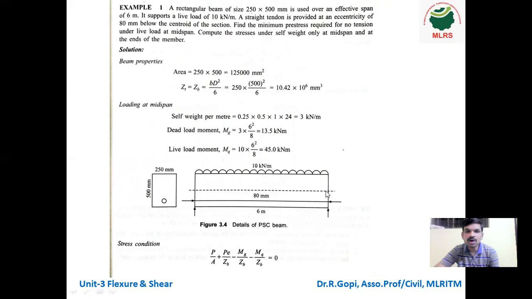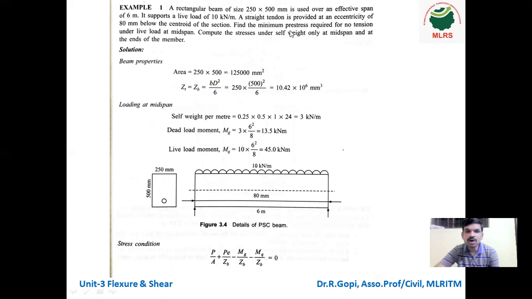First, to understand the question, what are the things given? They gave the member size and effective span. Span is given as 6 meter and live load is also given. A prestressing force is applied at an eccentricity of 80 mm below the centroid of the section.